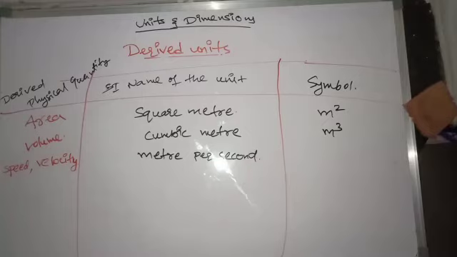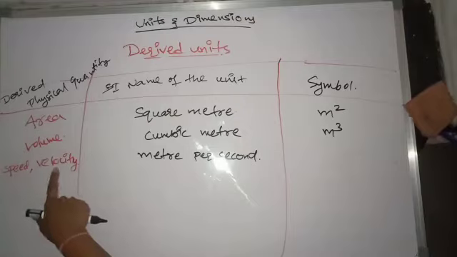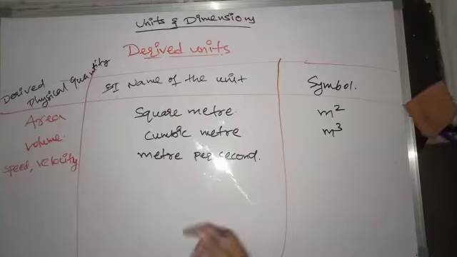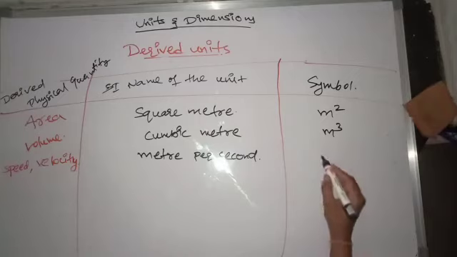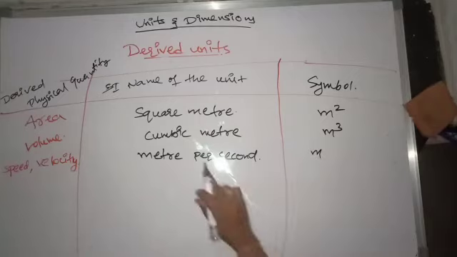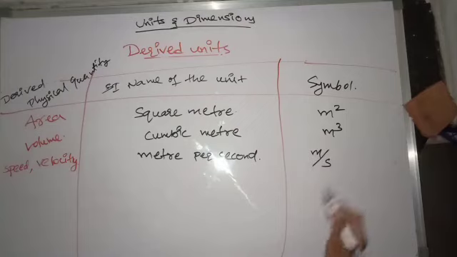Otherwise I will try to explain the definitions of all these physical quantities in one lecture. I will try to make a video for these definitions. Speed is nothing but meter per second, velocity is also measured in meter per second, distance per time, displacement per time. Meter per second is nothing but m by s.